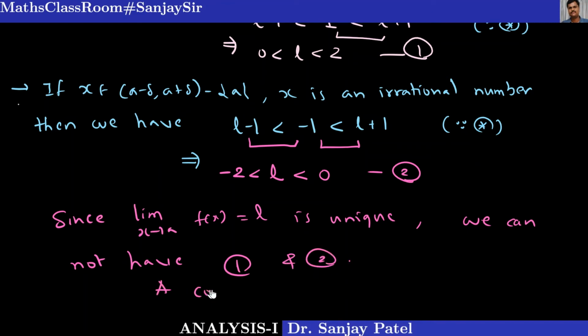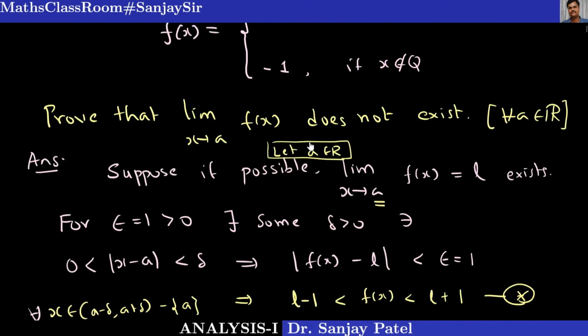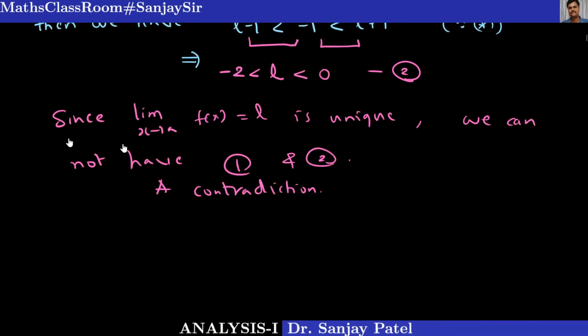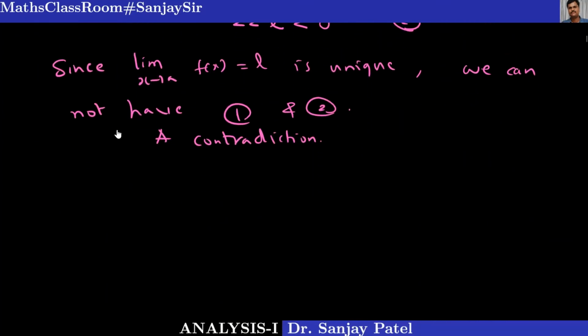So there is something wrong. So our supposition therefore must be wrong. What is our supposition? Our supposition was this limit as x tends to a of f(x) equal to L exists. So this is wrong. So what is proved? Limit does not exist. So I can say conclusion.